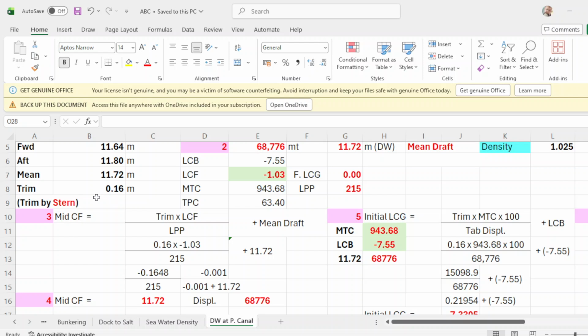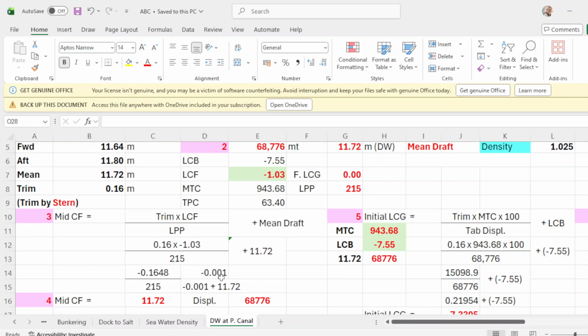So your trim is 0.16 times your LCF, which is negative 1.03, over LBP, which is 215, plus your mean draft. Your mean draft is 11.72. Multiply this one, that will be negative 0.1648 over LBP of 215.